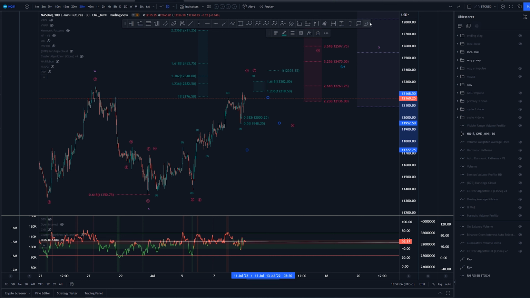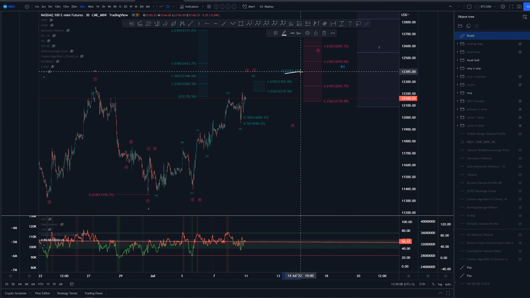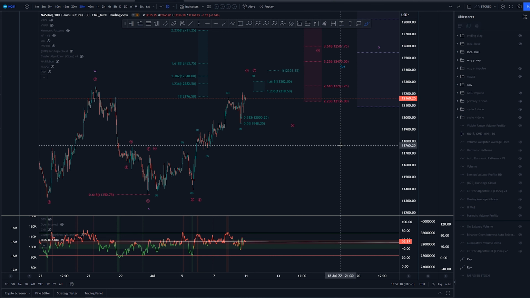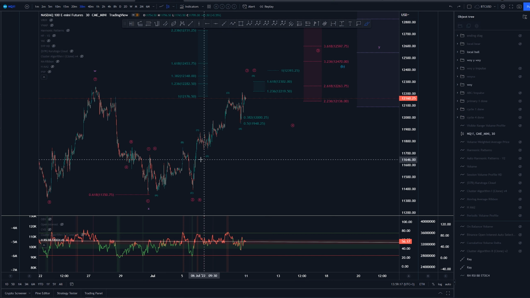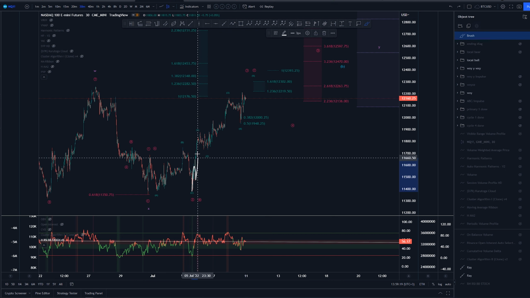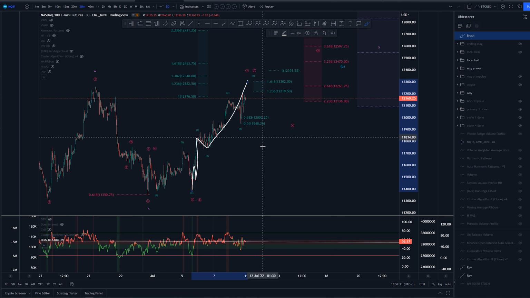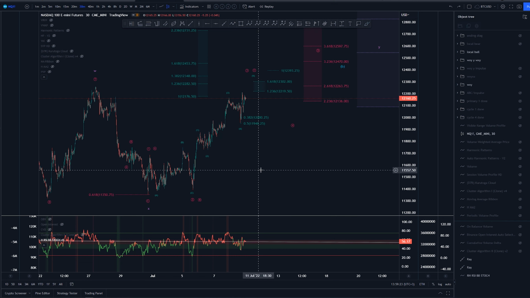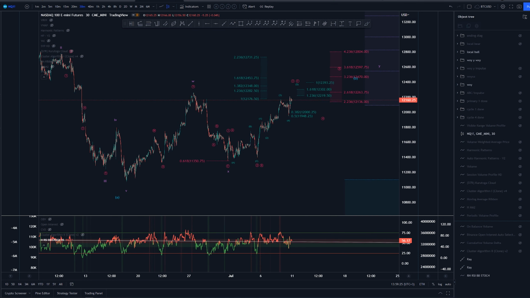That 1-to-1 extension comes right here at $12,393, and if it goes beyond that, we need to rethink this area here. One idea is that we have this as a 1, 2, 3, 4, and very extended 5th, but we'll see what turns out to be the right count.